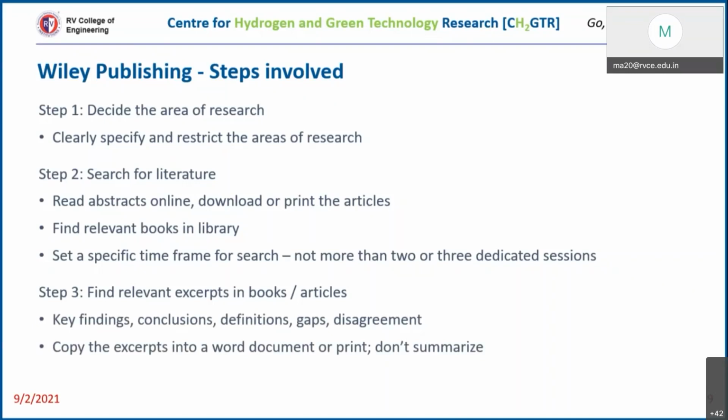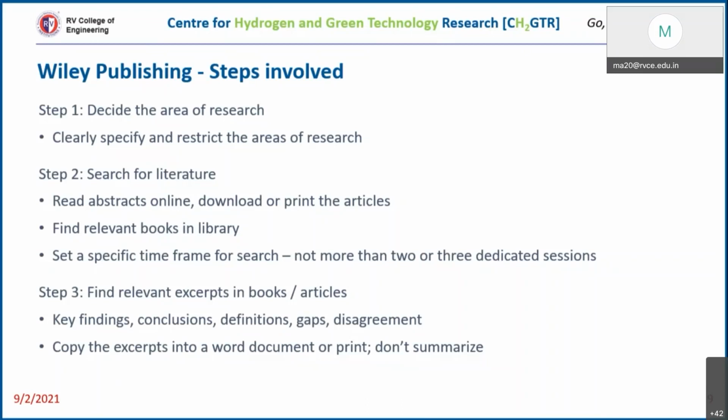Now, if you have downloaded a paper, then you copy that information and put it in another document. Or if you have printed the paper, you physically cut that part of information from the paper and keep it aside. In this step, if you are working with a soft copy, you are not going to summarize.